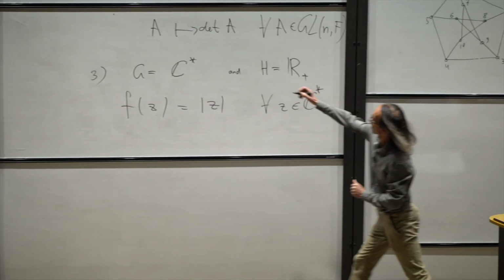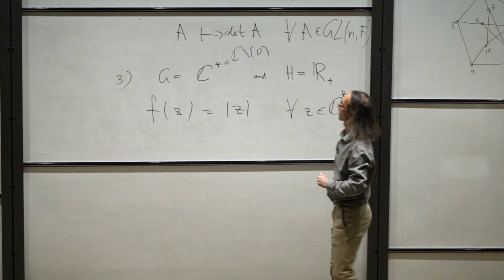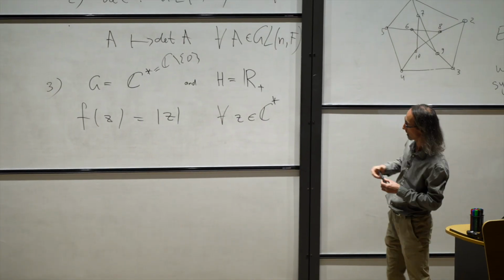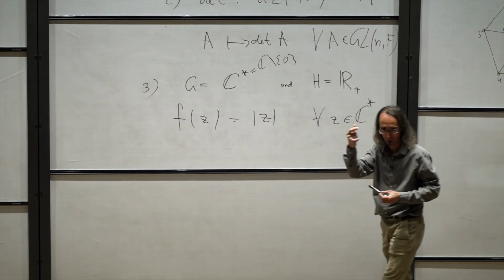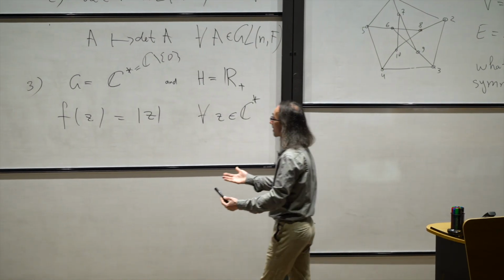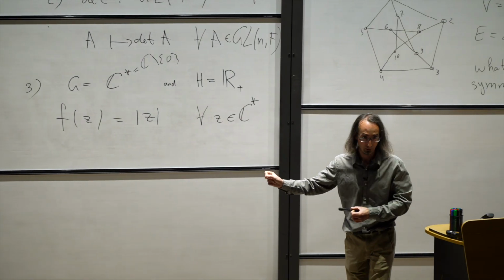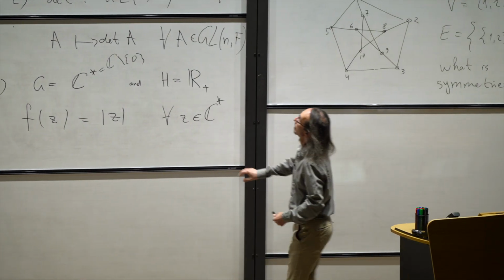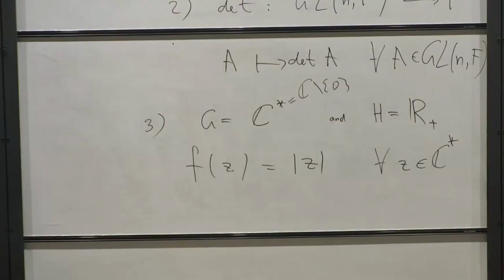C star just means the non-zero elements of C under multiplication. That's another example of a homomorphism: taking absolute value of complex numbers. Being a homomorphism is just saying that the absolute value of a product of two complex numbers is the product of the absolute values. So I hope this is convincing that homomorphisms occur naturally, and they're worth studying.